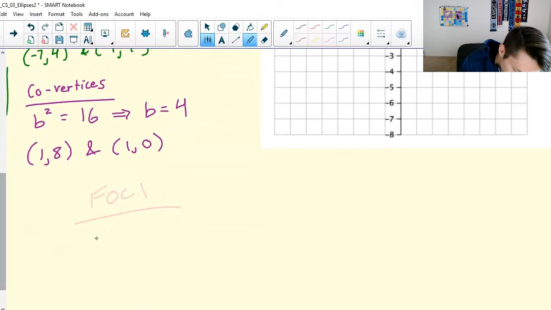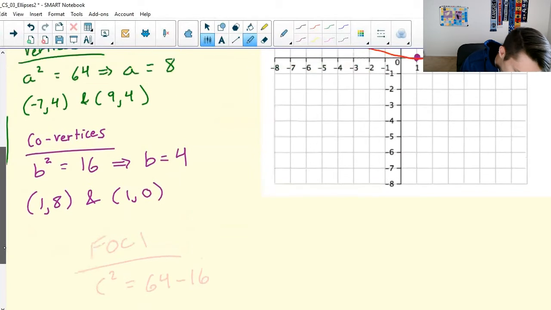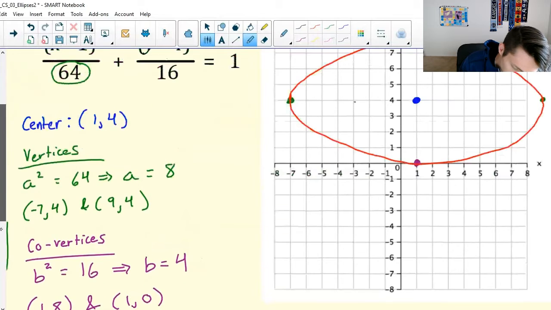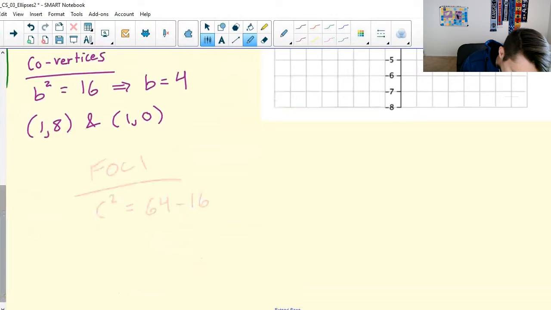Okay, so for the foci, that's based off of c. How do we know what c is? Well, c squared is a squared minus b squared. So in this case, 64 minus 16, right? Yes, 64 minus 16. So 48. I think that's right. And then c is the square root of 48.